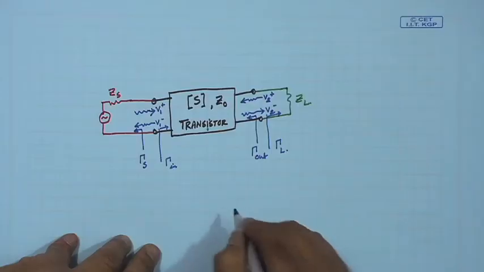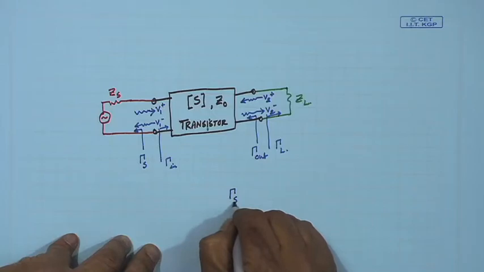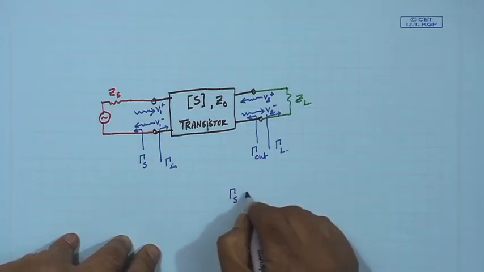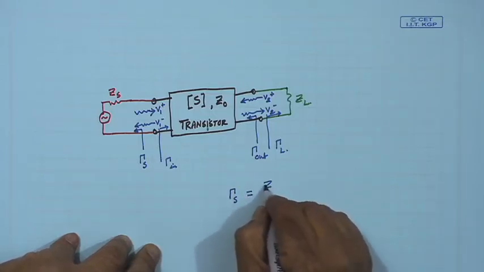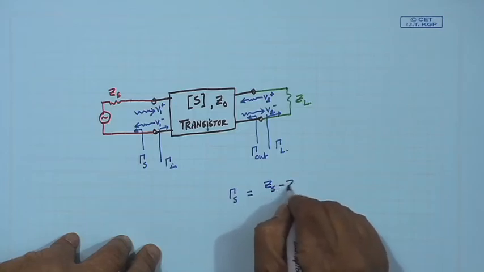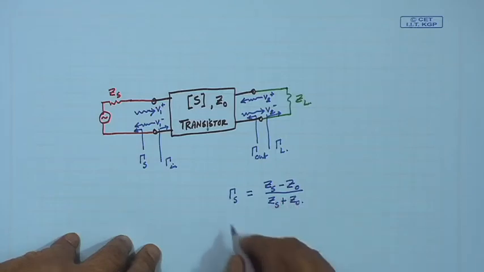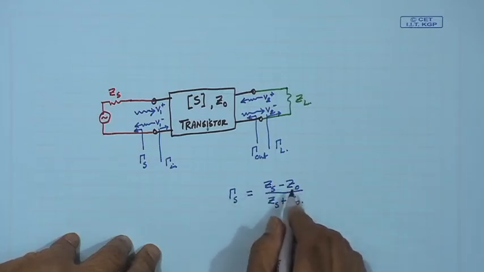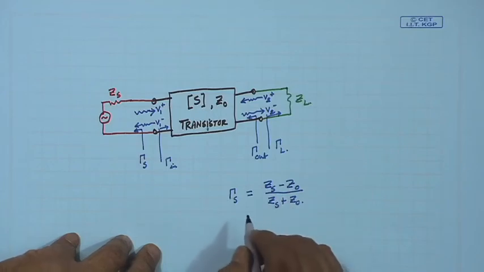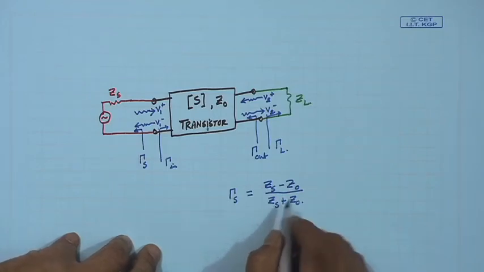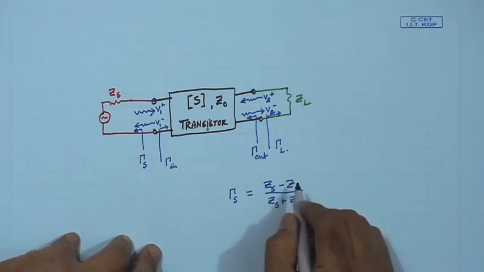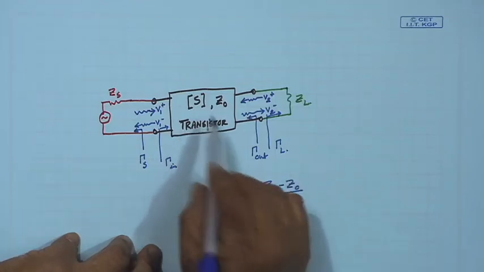Let us see that this gamma s, the source reflection coefficient, will be given by Zs minus Z0 by Zs plus Z0, and this Zs is a complex number, while Z0 is generally a real number.